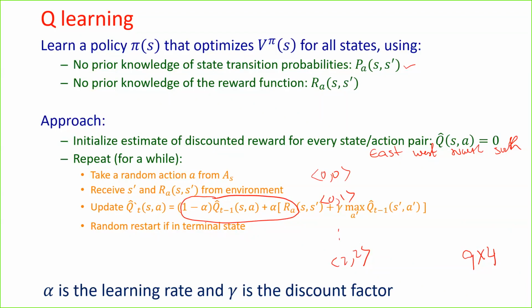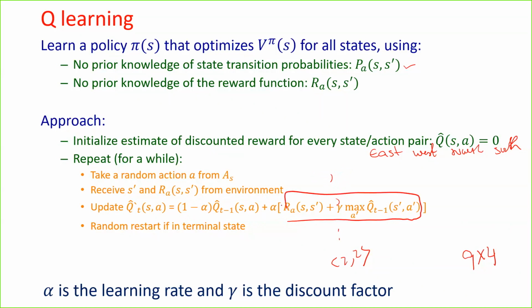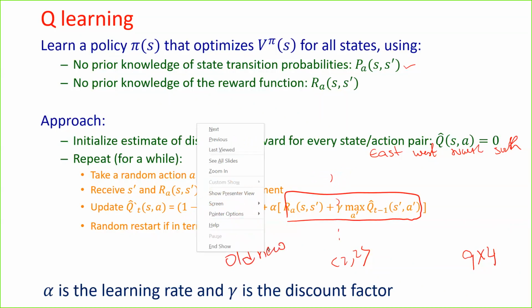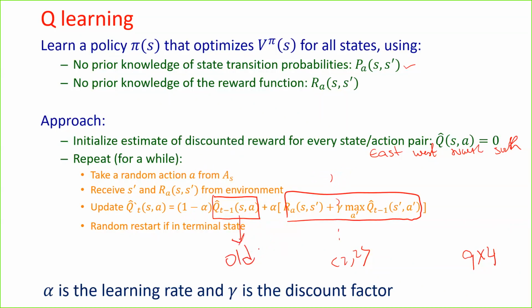So this is the value function that you are computing now, but already you know something about this state action pair. That is the previous Q table entry. This is the old value and this is the new value that you are computing.